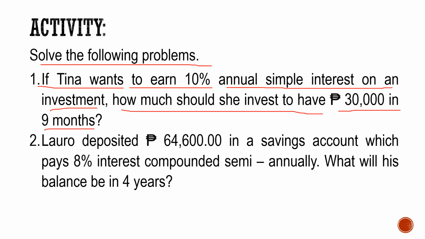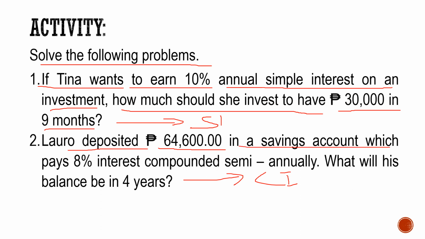Number one is for simple interest, and number two is for compound interest. For number two, Lauro deposited 64,600 pesos in a savings account which pays 8% interest compounded semi-annually.